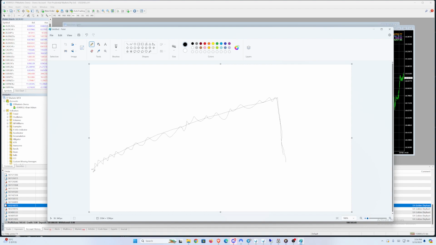The main thing is the maximum floating loss during this period. Let's say on a $1,000 account it is $50 maximum floating in here. So $50 on a $1,000 account, how much would that be? 5%. So the maximum floating is 5%.